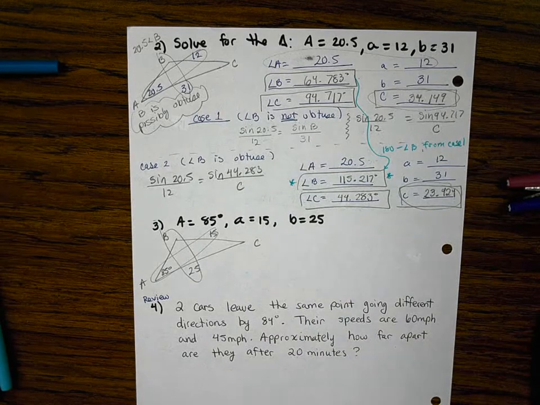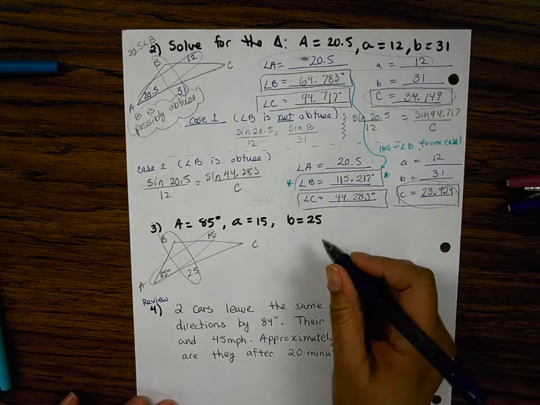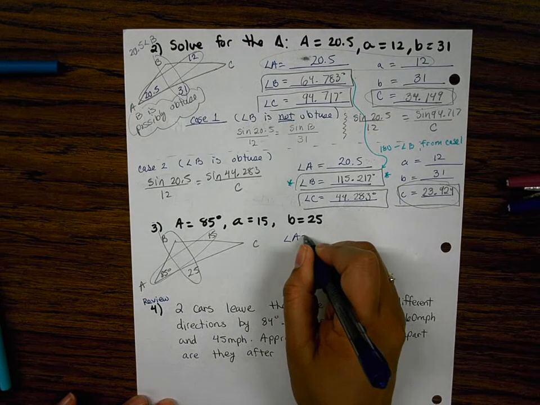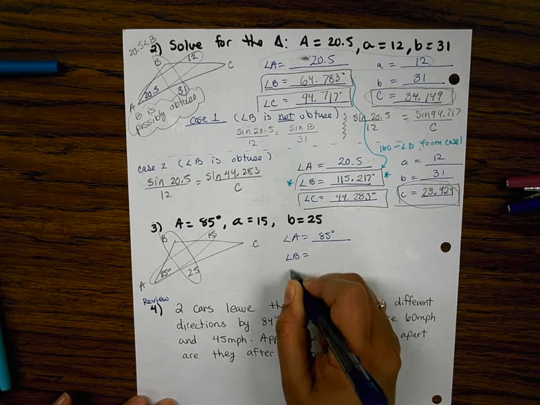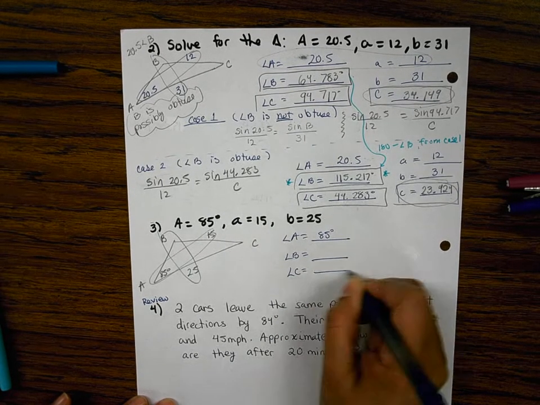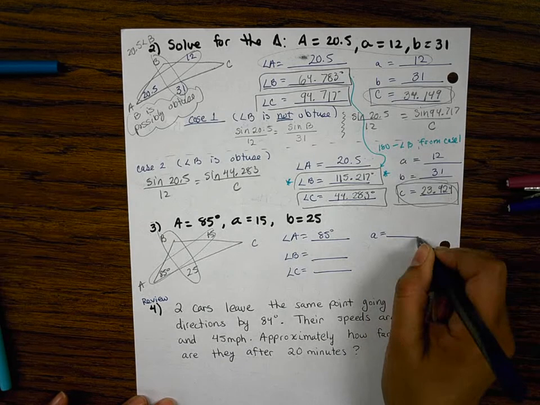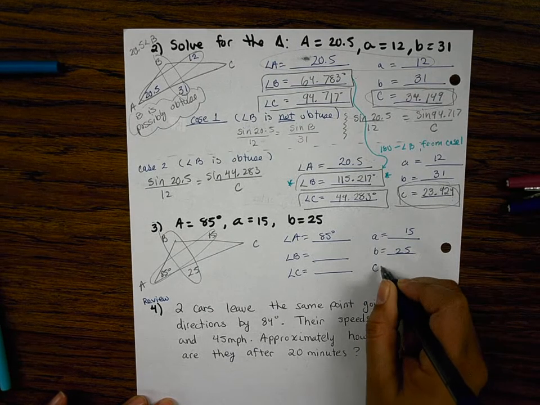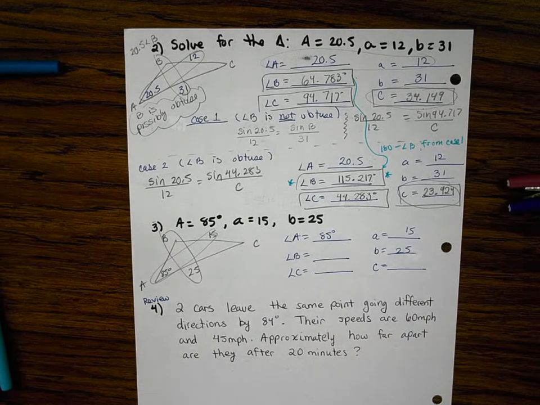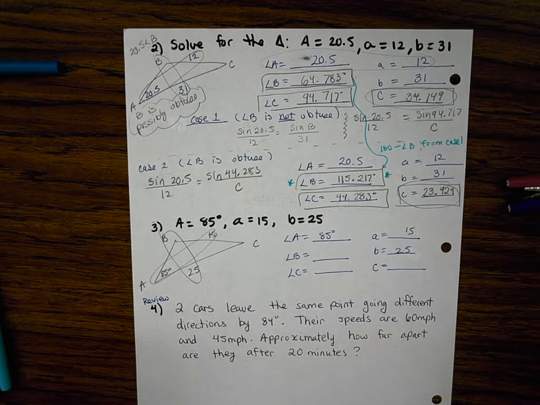So angle B is possibly obtuse. So we're going to do the same thing we did up there. Angle A is 85 degrees. Little a is 15, little b is 25, little c we don't know, and we do the case 1 and the case 2.